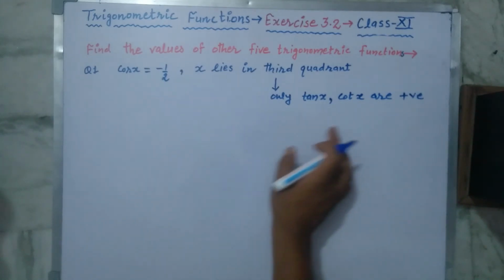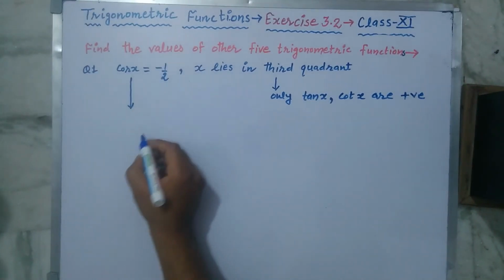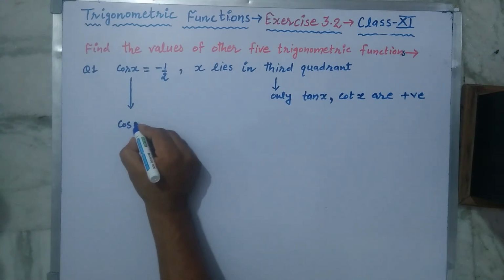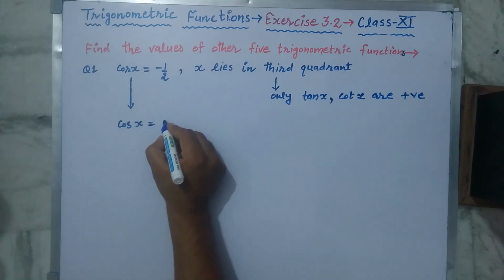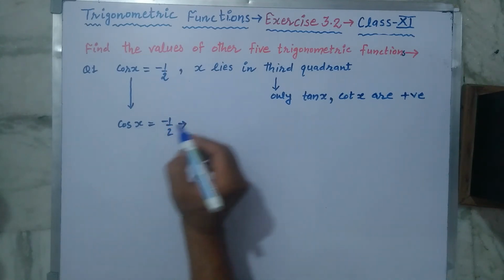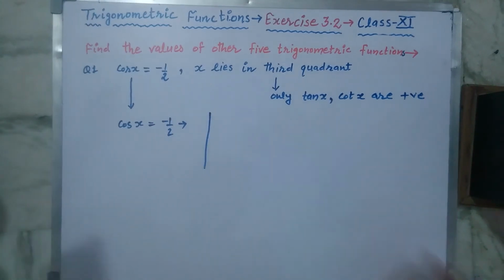Rest all are negative. Now proceeding here, cos of x is equal to minus 1 upon 2. From here what we can say about cos x?